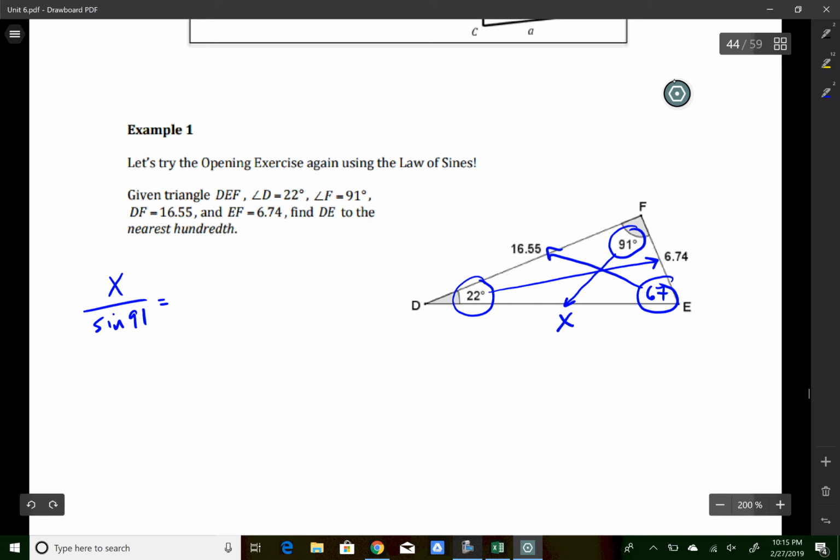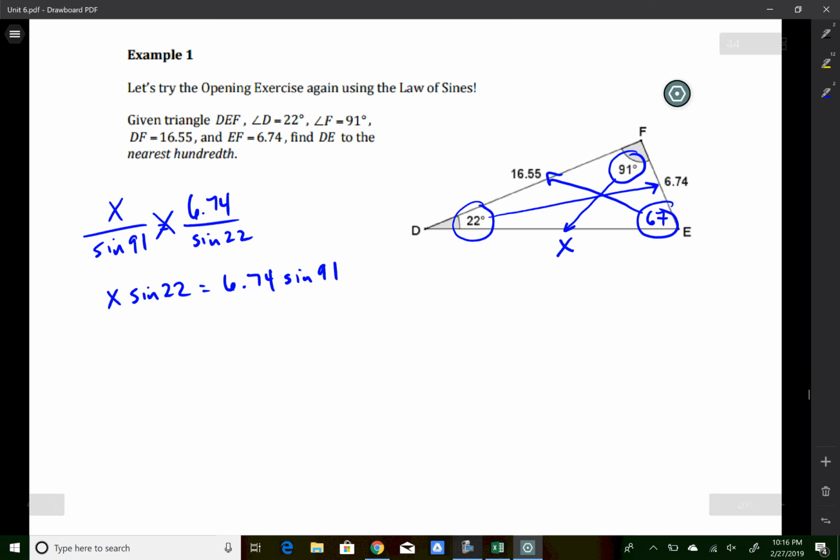I'm going to use 6.74 divided by the sine of 22. Cross multiply. So I get X sine of 22 is equal to 6.74 sine of 91. Notice I'm putting the side length 6.74 in front of the ratio of sine of 91. It's just easier to type in the calculator that way.